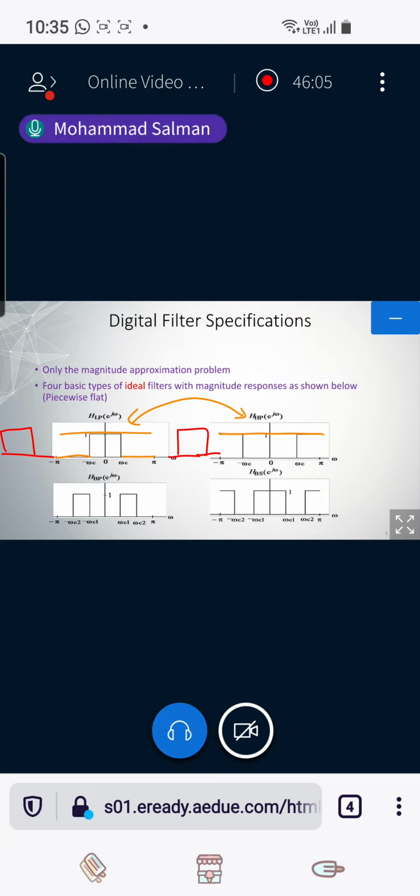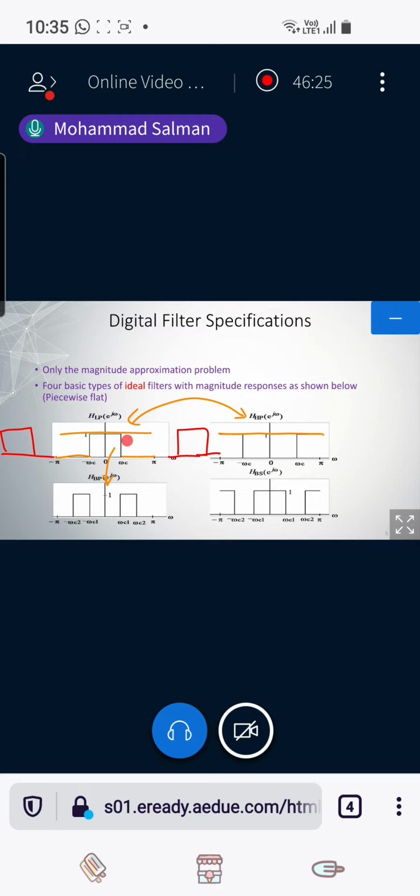Sorry. And this one, band pass, what is the relation between band pass and low pass? It is just a frequency shift, right? It's shifting in the frequency domain.